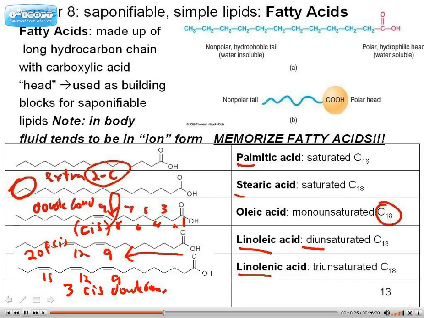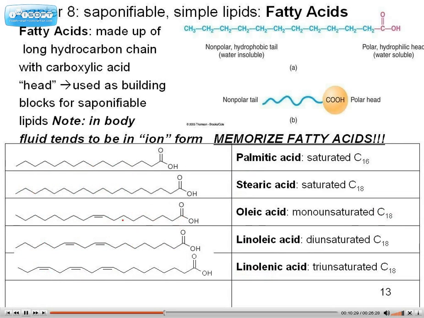Now, these right here, which I'm highlighting with my yellow pen, are what we call the essential fatty acids.